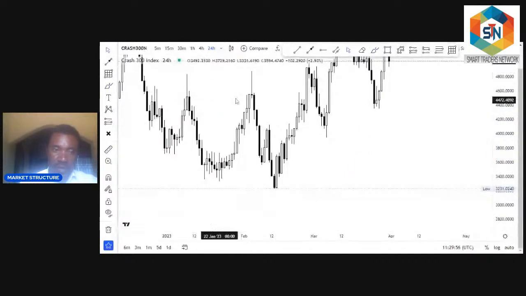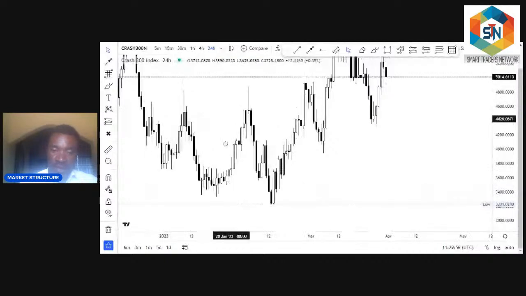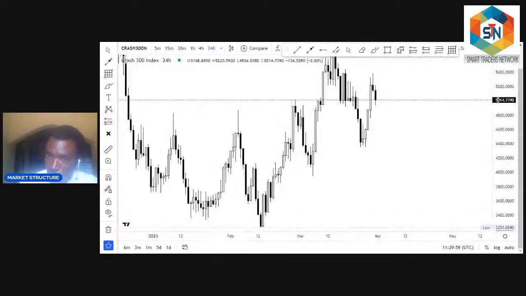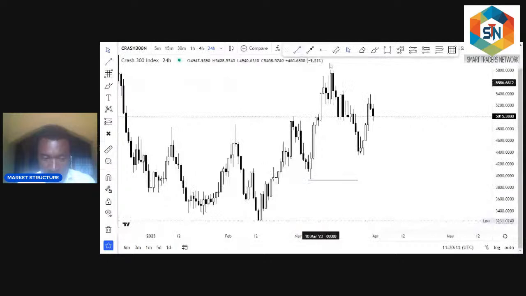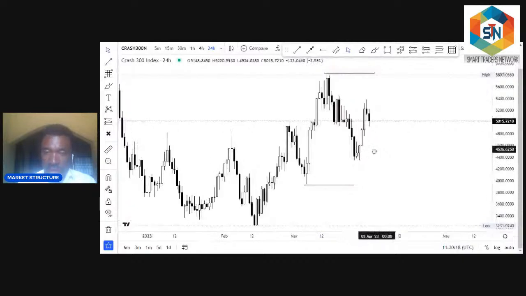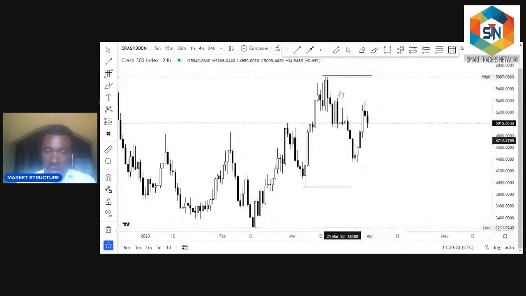Price left without us. But price is going to come back. By structure, this was the last high. So now the trading range: the high range and the low range.